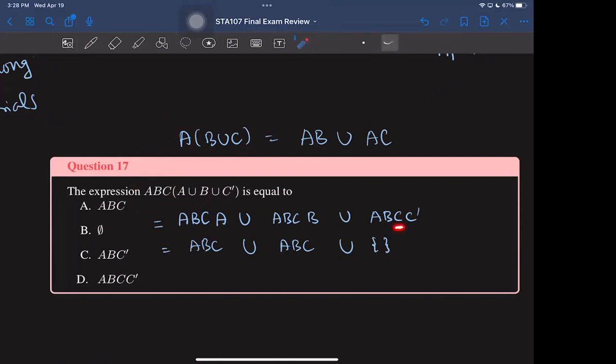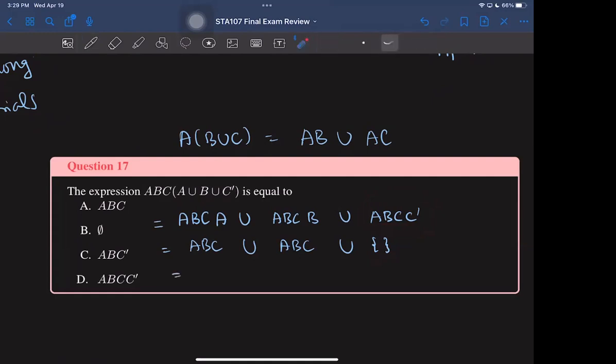Why is that? Because C intersect with C complement is the empty set. So there is no element that can be in A and in B and in C and also in C complement. So the last expression evaluates to an empty set.